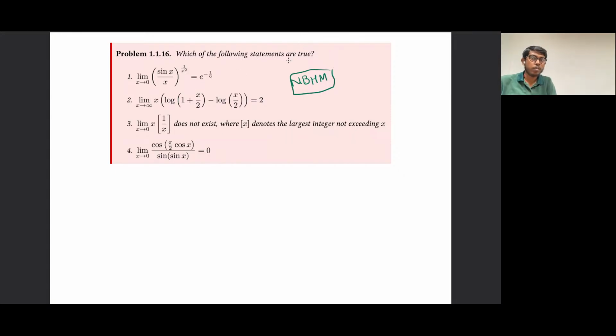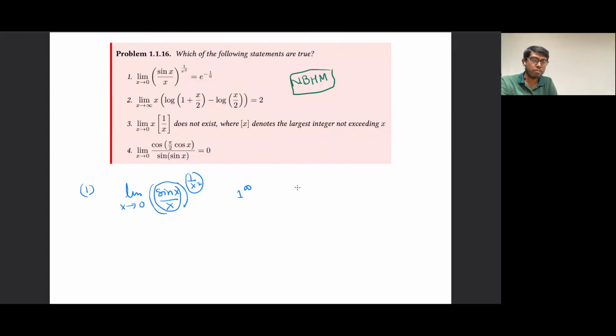So the first is limit x tends to 0 of (sin x / x) to the power 1/x². If you take the limit, this is 1, this is 1, and this is infinity. So this is of the 1 to the power infinity form.